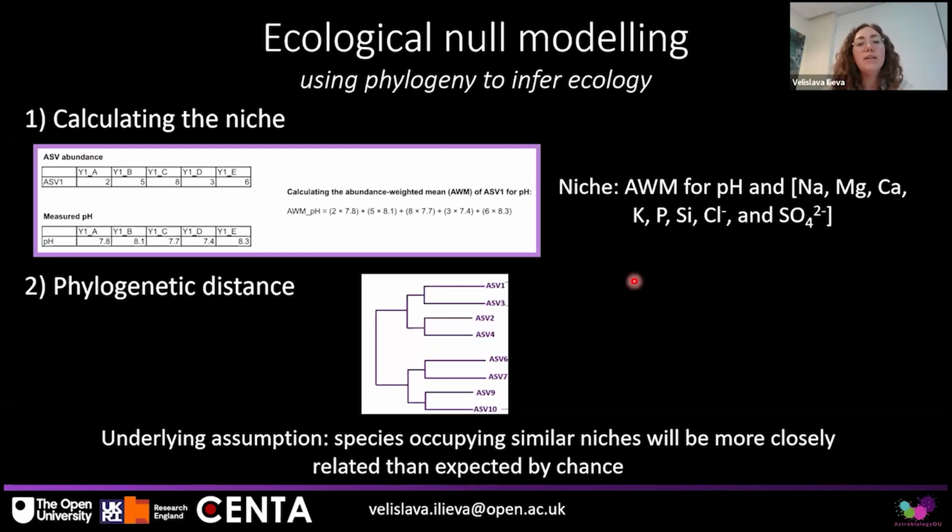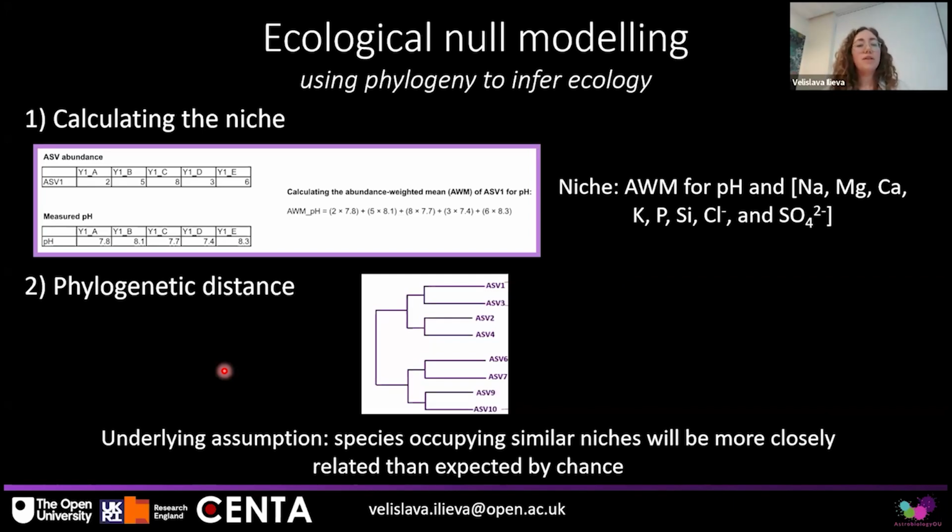And then I calculated the optimal niche for each species. And I did this by calculating the abundance-weighted mean, or what are essentially the optimum pH and concentration of each of these things for each ASV. And secondly, I had to also identify the phylogenetic relatedness between each species, and this was done by creating a maximum likelihood phylogenetic tree.